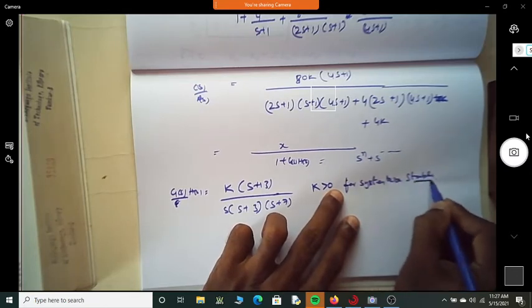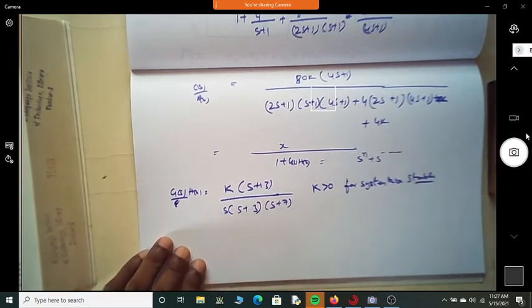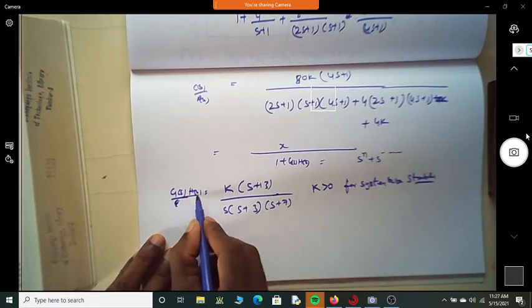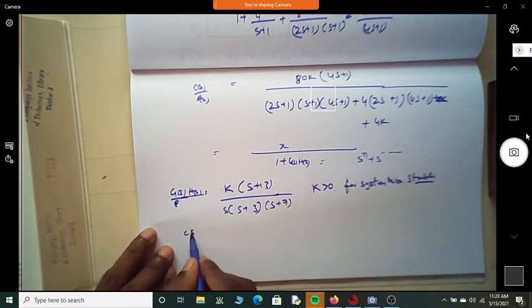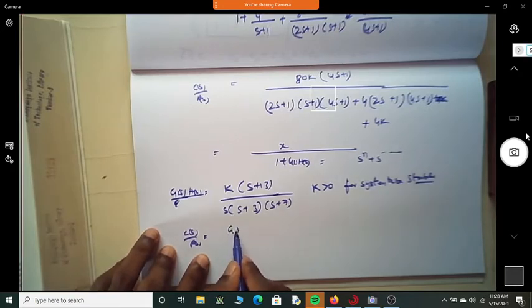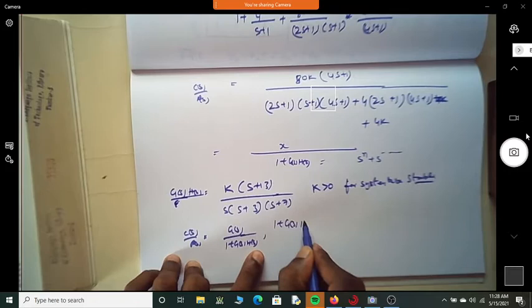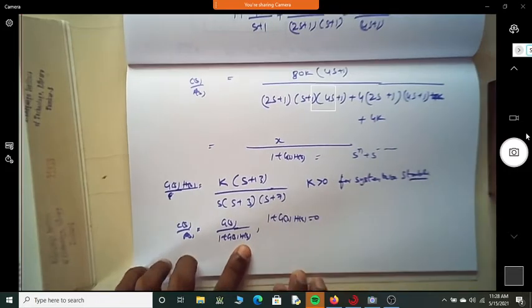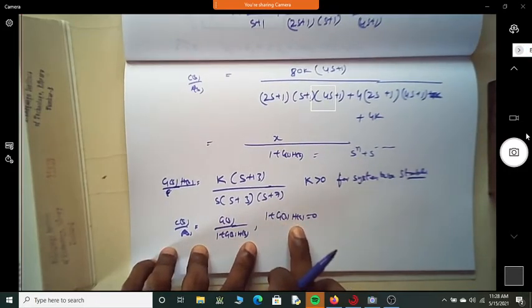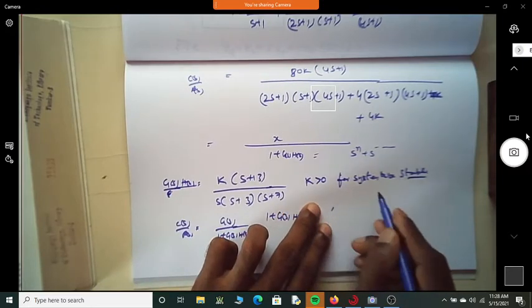So now let us introduce the problem and try to understand what happens. What is this? This is G(s) into H(s). What is C(s) over R(s)? Is it actually G(s) by 1 plus G(s) into H(s)? What is the characteristic equation? Is this your characteristic equation, 1 plus G(s) into H(s)? You have G(s) into H(s), add 1 to it and equate to 0.